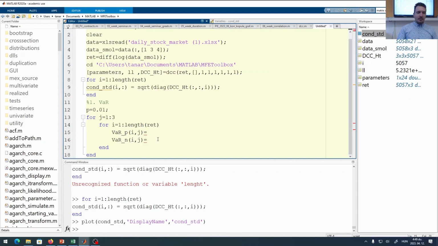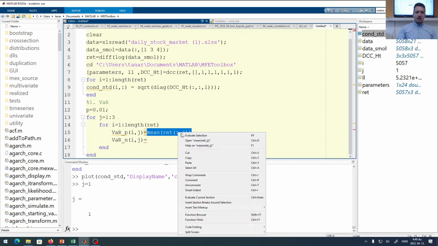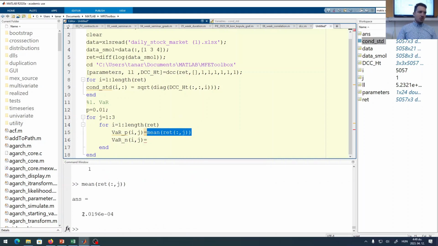So, okay, expected value, so the mean of the return of the actual column. This is general, and this will be 0. Yeah, so we could actually exclude this, but we are not doing it.